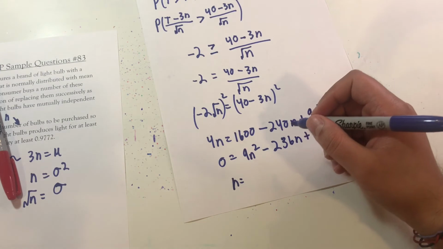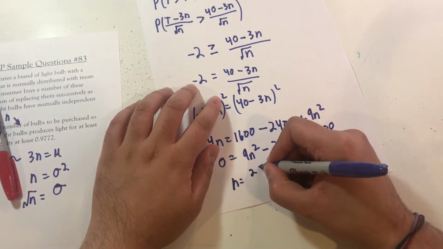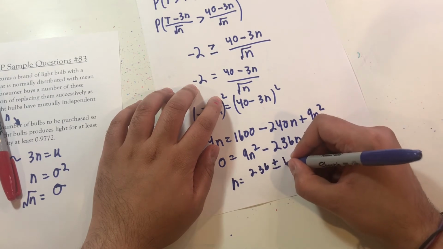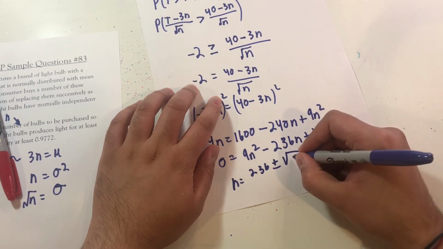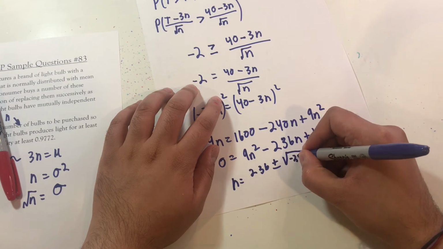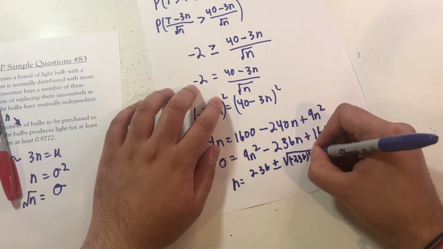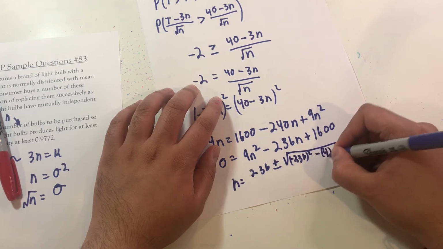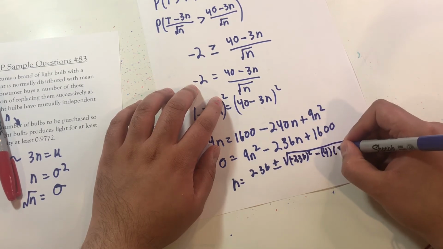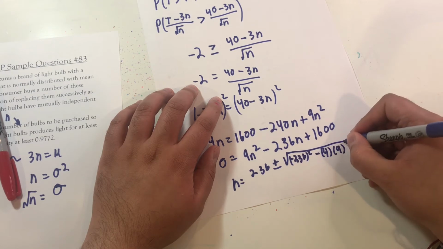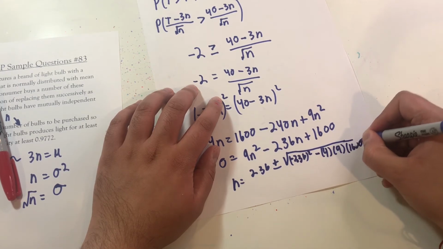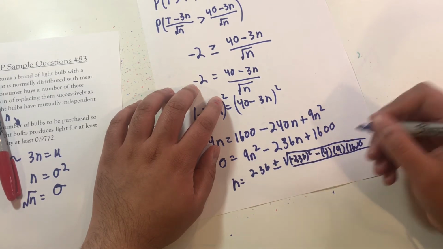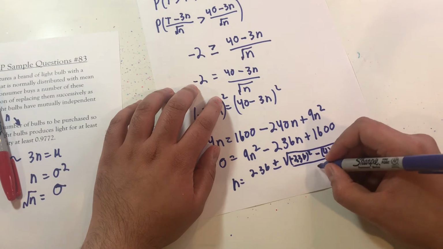negative b, so that's going to be 236 plus or minus the square root of b squared, so that's negative 236 squared, minus 4 times 9, which is the a value, times c, 1600, over 2a, so over 2 times 9, I'm just going to write that as 18.